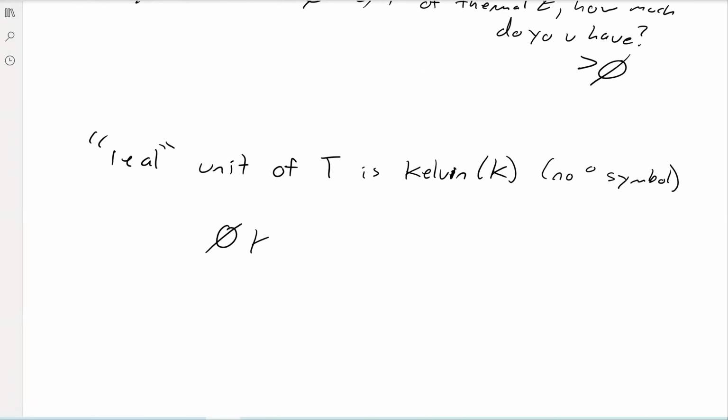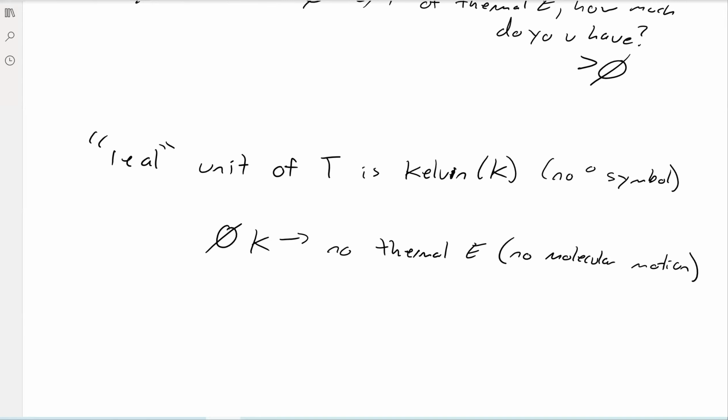And so again, the reason that the real unit of temperature is Kelvin is that at 0 Kelvin, we have no thermal energy. There's essentially no molecular motion. This is not something that we're able to achieve, or have yet to be able to achieve, in a lab. We can get very, very close to 0 Kelvin, but we can't actually get to 0 Kelvin.